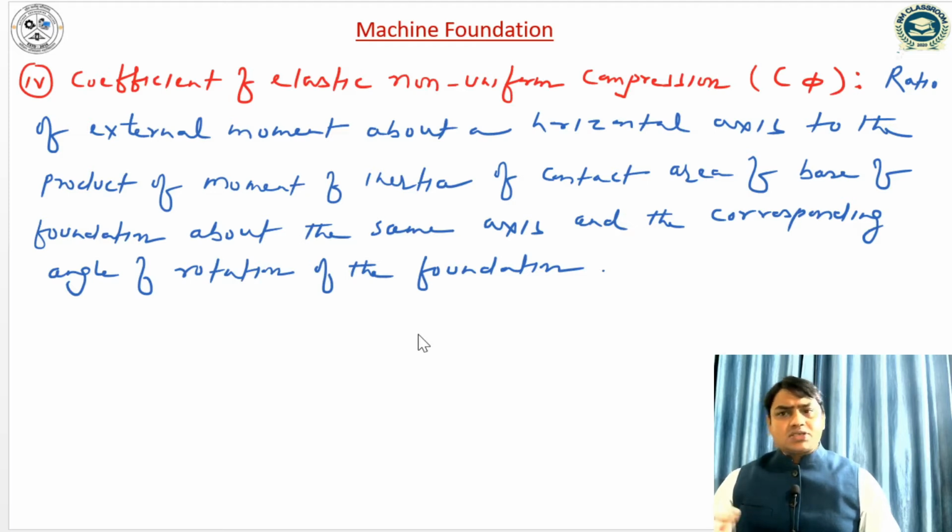These coefficients are related by various relations suggested by Barkan and the IS code.